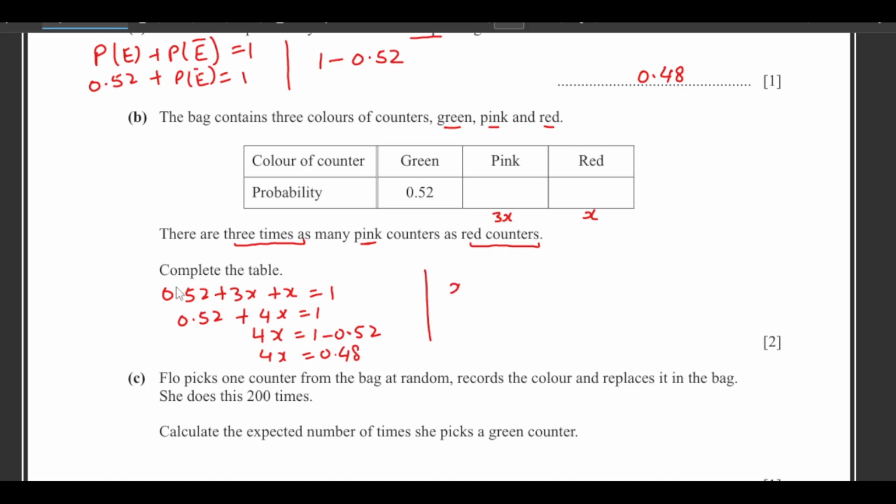So, x is going to be 0.48 divided by 4, that is 0.12, right. So, now x is red, and pink is 3 times x. So, for pink we will do 0.12 times 3, that is 0.36, right.